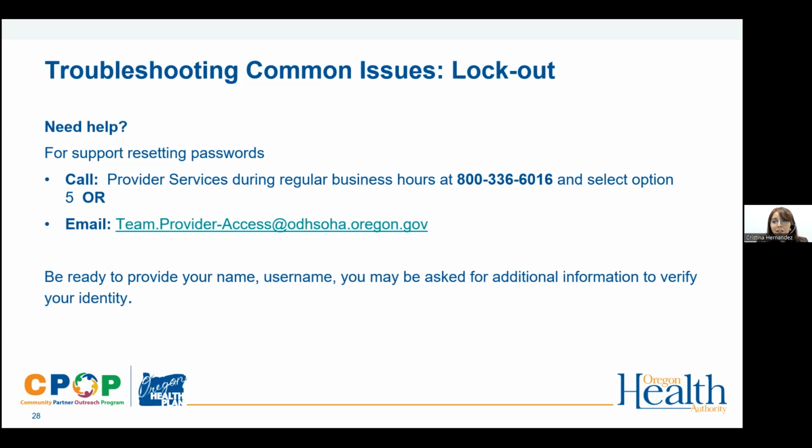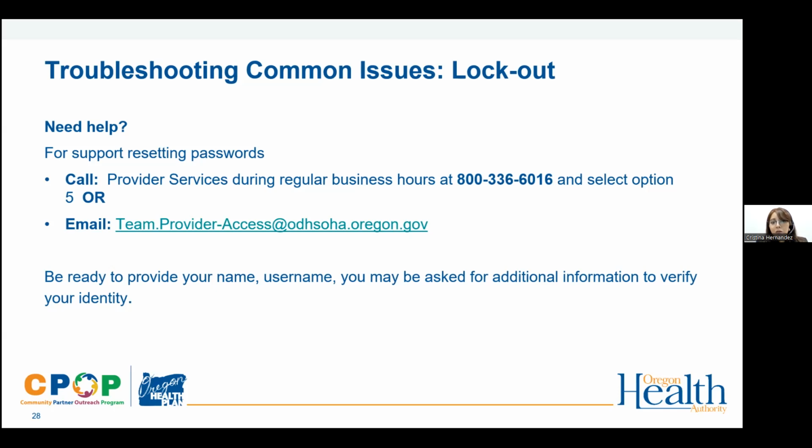number. And we know that not all of you have a national provider identifier number, or an NPI. So what they will typically ask you for is your name, your username, and then they might ask you for your social security number or your ITIN, or maybe your address.